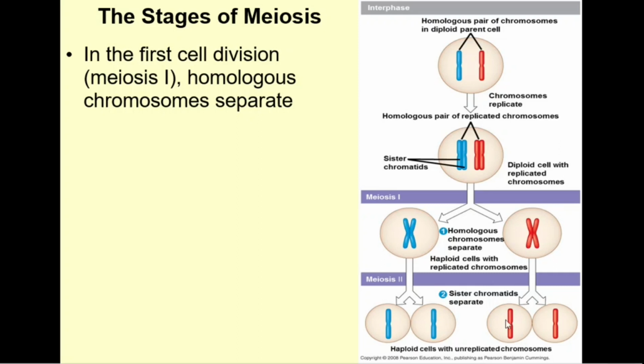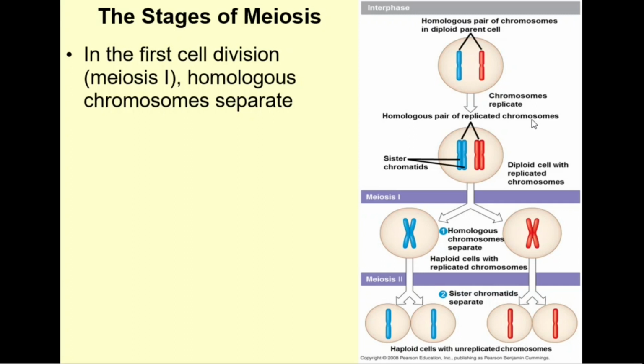And then we can see the same thing over here. So what we would end up with at the end of Meiosis II are 4 daughter cells that are each haploid. So in humans, each one of these 4 daughter cells will have 23 chromosomes.